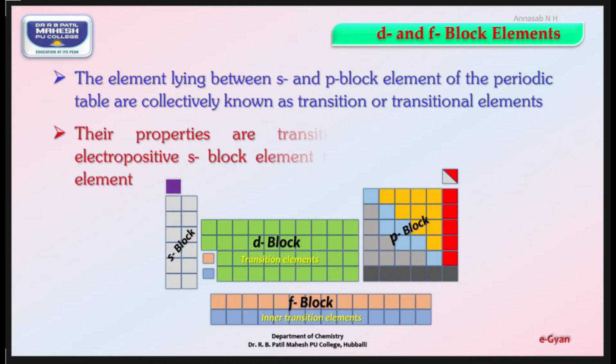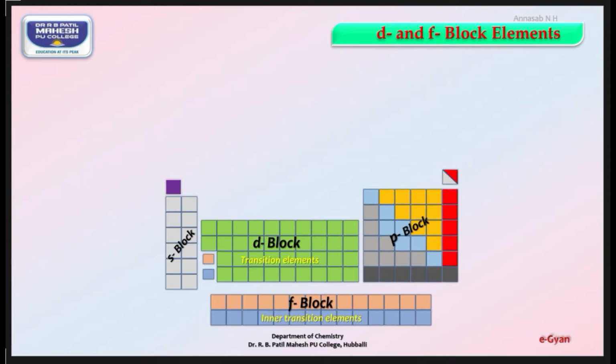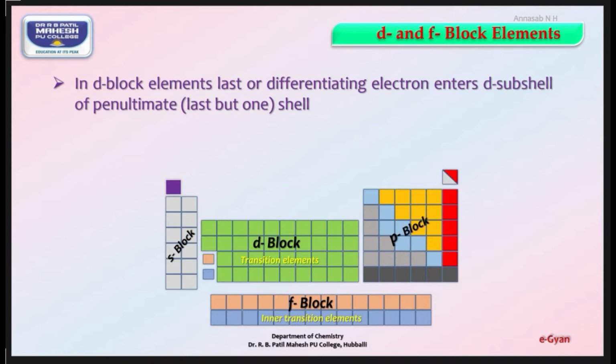Their properties are transitional between the highly electropositive S block elements and least electropositive or more electronegative P block elements, and these are known as transitional elements or transition elements, which are also known as D block elements. In D block elements, the last or differentiating electron enters into D subshell of penultimate, that is last but one shell, n-1 shell we call.